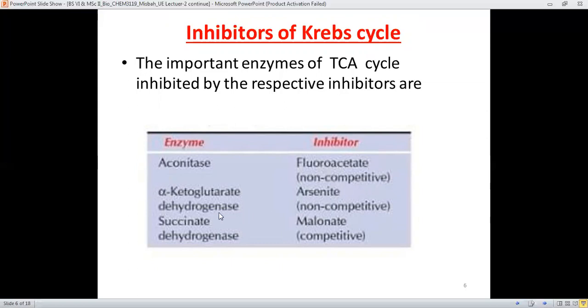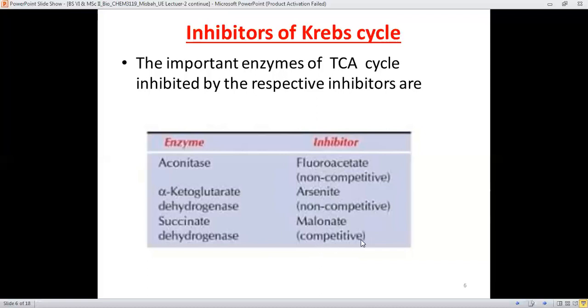Similarly, for alpha ketoglutarate dehydrogenase, arsenite is the inhibitor, and it is non-competitive with the substrate for binding to the enzyme. In the case of the third enzyme, succinate dehydrogenase, malonate is the inhibitor, which inhibits the substrate from binding with the succinate dehydrogenase, and this competition is competitive.